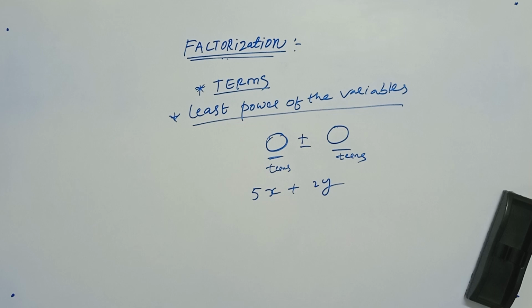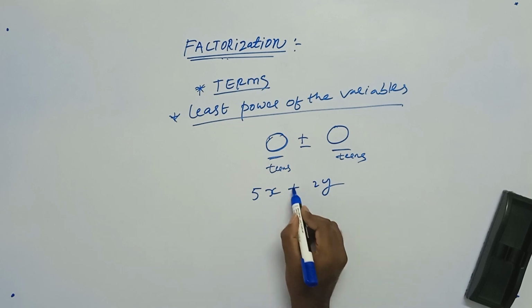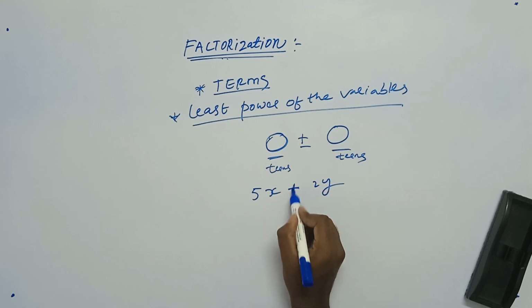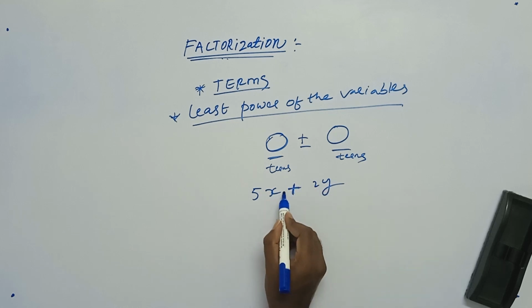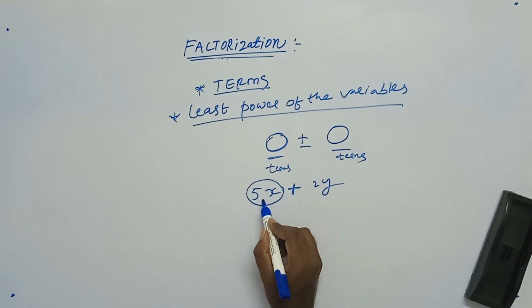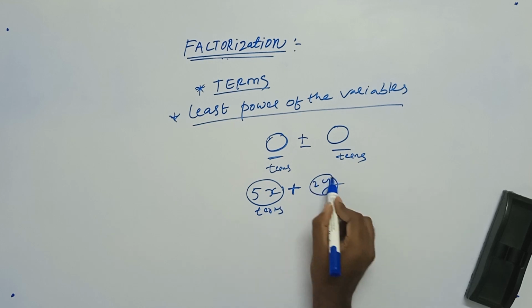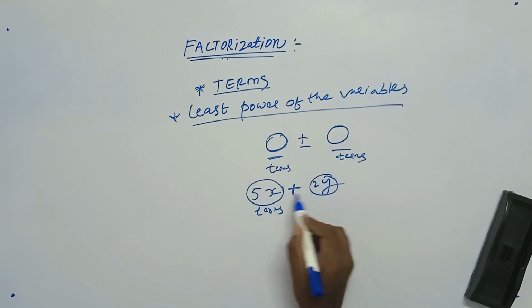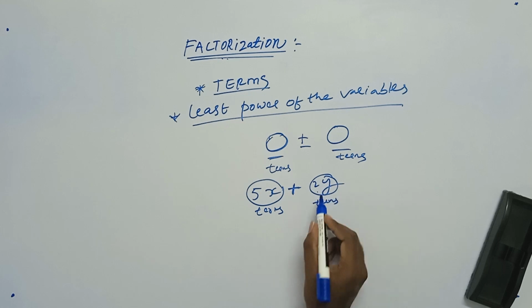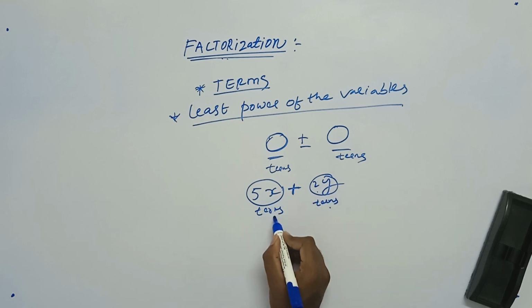Here there is a plus sign, so 5x and 2y are separated by a plus sign. What do you call the left side of the plus sign? This is called a term. And what do you call the right side of the plus sign? This is also called a term. 2y is a term, 5x is also a term.